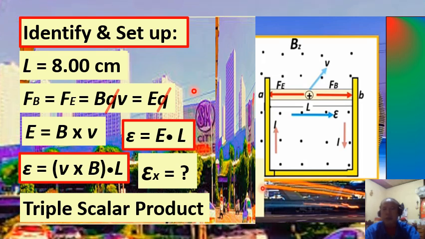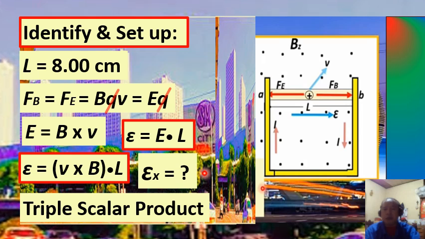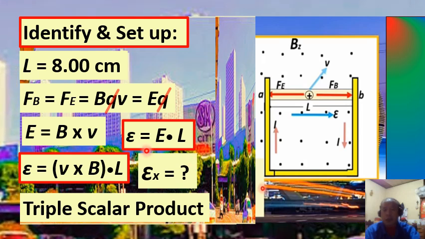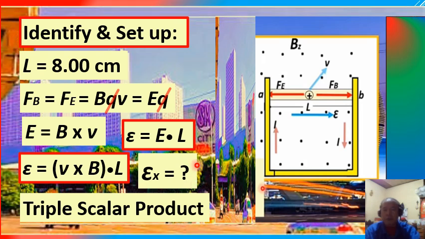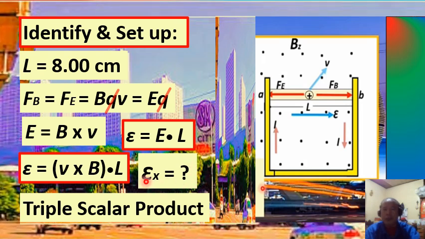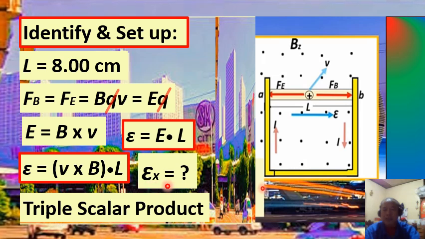And specifically, the problem requires us to determine the x component of the motional electromotive force, which is labeled here as epsilon sub x.